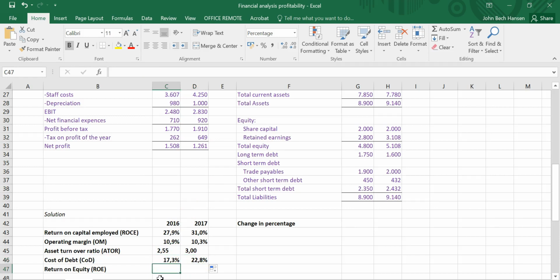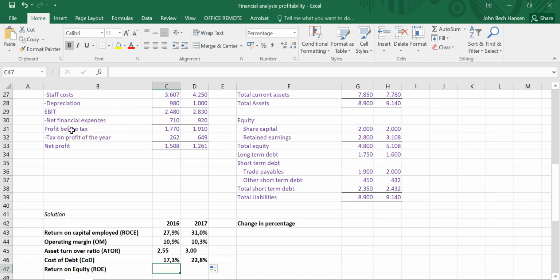Return on equity is quite similar to return on the capital employed. However, here we are only focusing on the equity, so the owner's share. And here, as we talked about before, we are going below the financial expenses.